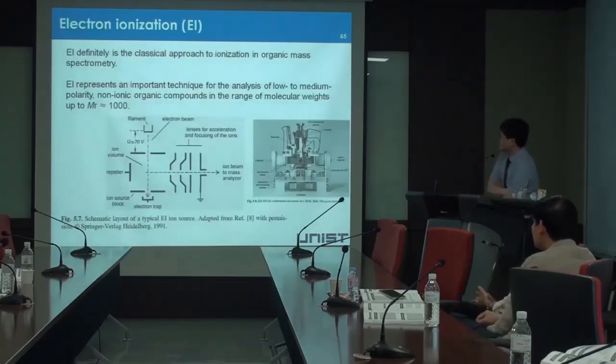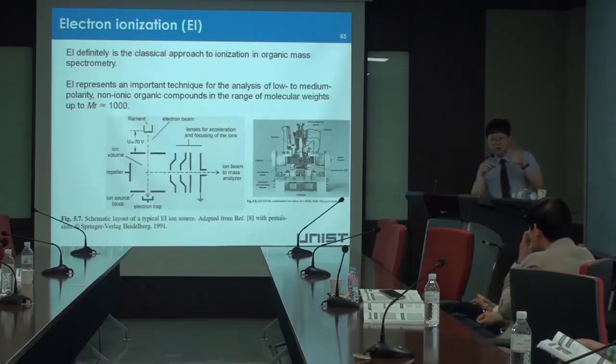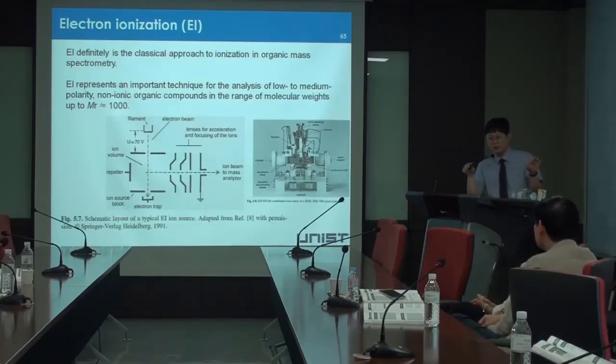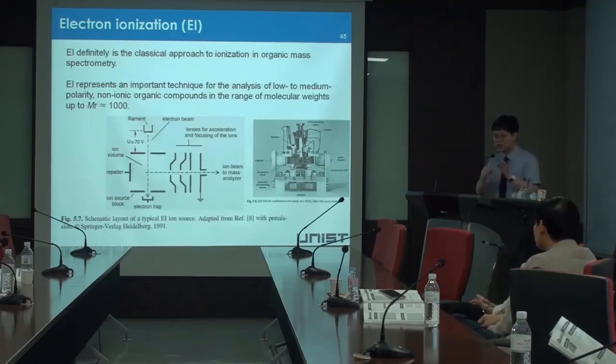And EI, electron ionization. This is the EI source. EI means we make neutral molecules into positive ions using electron ionization. Here is a metal filament, and there is some electric energy input, and then there is an ejection of electrons. So we say electron beam, like a gun.